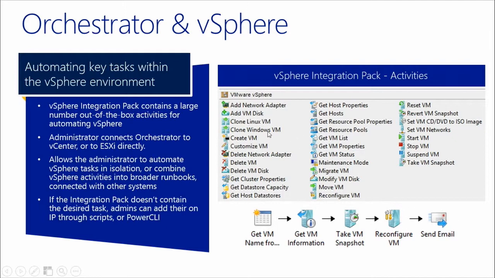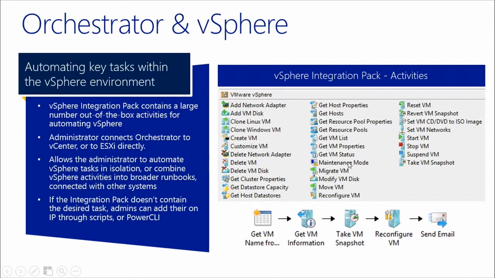So as we browse through what VMware offers, we have the ability to add and remove different resources from our virtual machines, and even from our physical hosts. We can clone our VMs. We can, of course, create VMs and delete them. Then we can get information about the status of our various components. So maybe you want to find information about what's my data store capacity. If it's above a certain threshold, do a specific action.